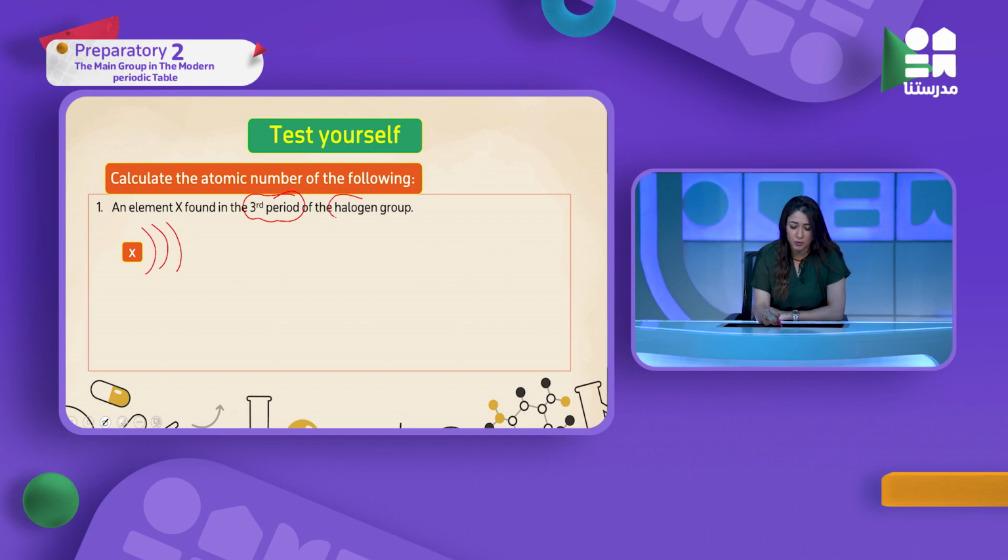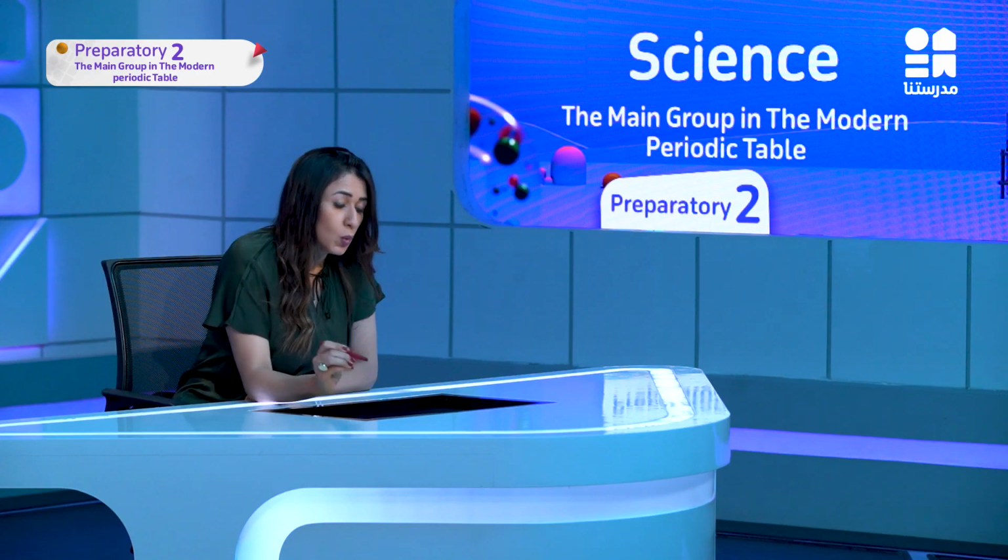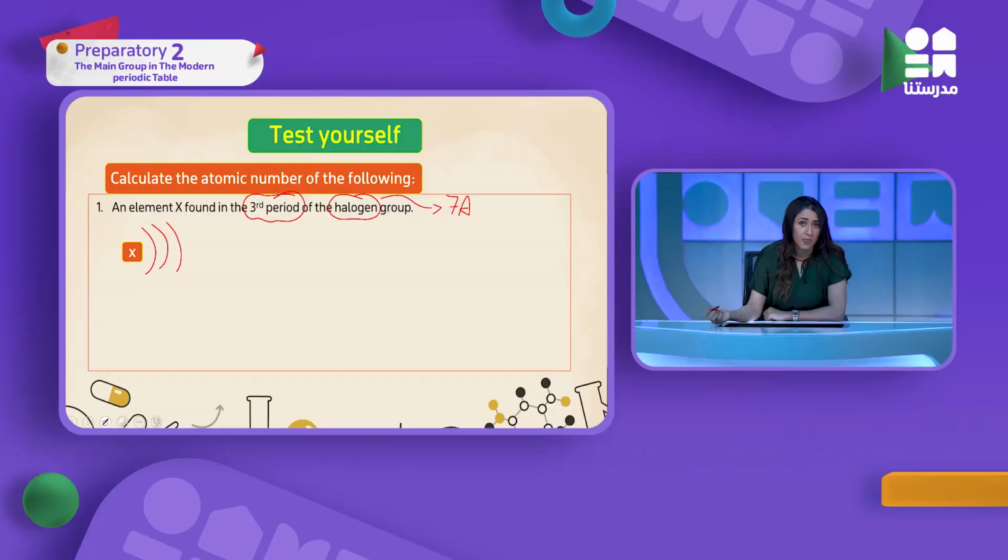And in the halogen group أنا عارف وخدت في lesson 3 إن الهالوجنز دول جروب 7A. وجروب 7A عنده 7 electrons in the outermost energy level. طب أنا ال7 بتاعتي دي أحطها فين؟ أحطها في outermost energy level here. Okay?